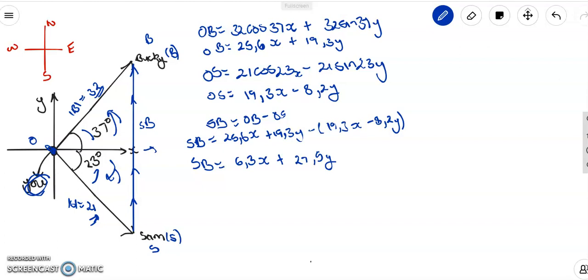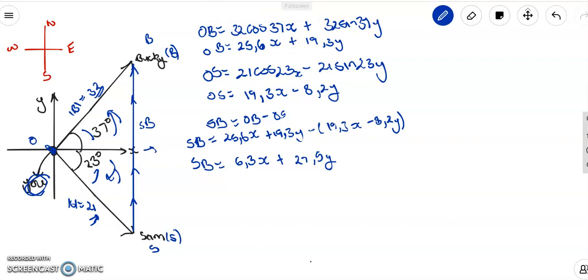But that's not what we want. We want the distance between their tents. So what is that distance? Given a vector, how do you get the distance? The distance is basically the magnitude of this vector. And how do we calculate the magnitude?